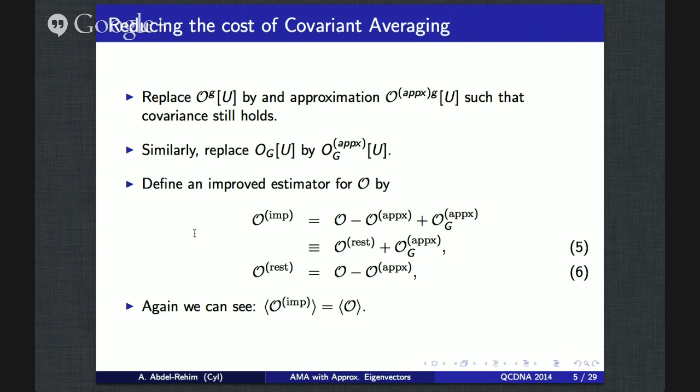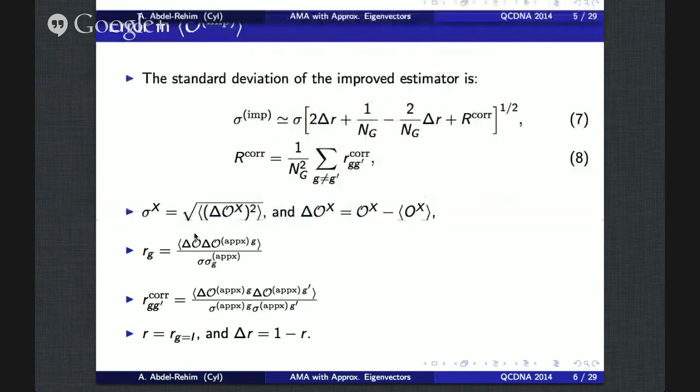But the key point is that this operator should now have a smaller error, because it includes these many other transformations that we have done.